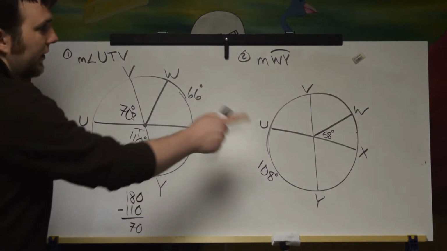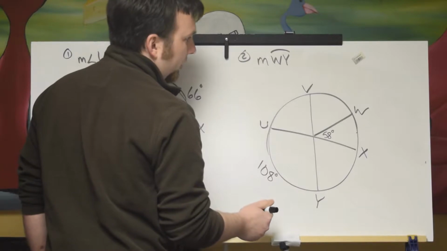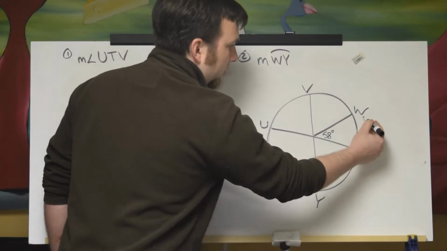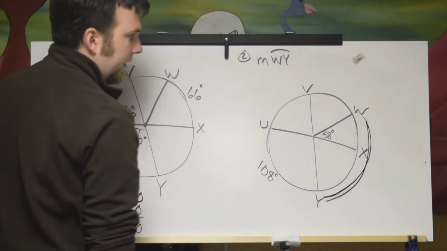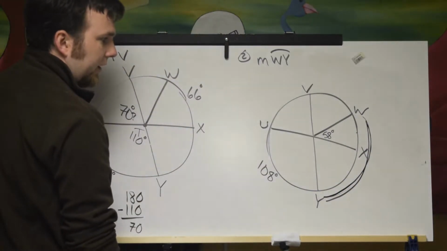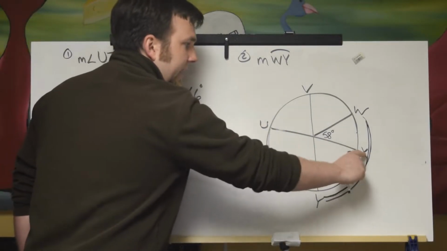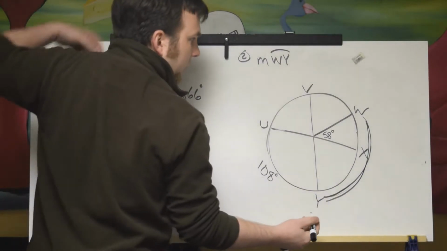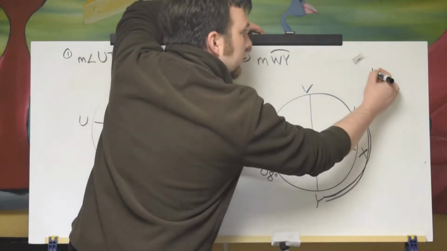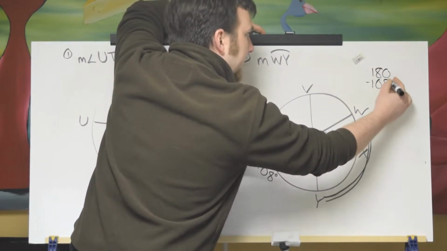Okay? Alright, over here on number 2, they want the measure of arc WY. They want that arc. Well, we can find that arc because once again we have a diameter right here. These two would add up to be 180. We can do 180 minus 108.